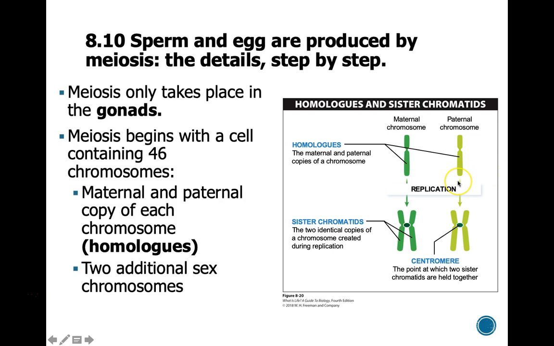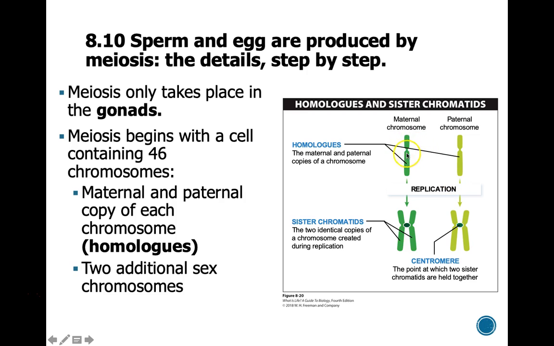Now, when those chromosomes undergo replication in preparation for mitosis, or in this case, meiosis, we are going to produce sister chromatids. Now, remember that sister chromatids are like photocopies of one another. They are 2 identical copies of the same chromosome attached at the centromere. Now, something that's a little bit strange here is when we count chromosomes, we actually count chromosomes by the number of centromeres.